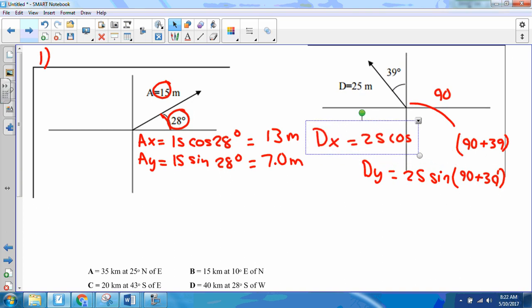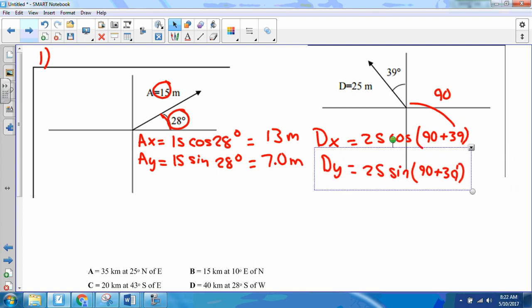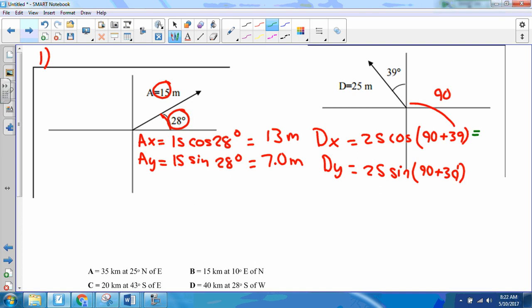Give myself a little bit of room while y'all are typing into your calculator. So on the calculator, very simple again, 25 trig cosine 90 plus 39 inside those parentheses that it made for you.